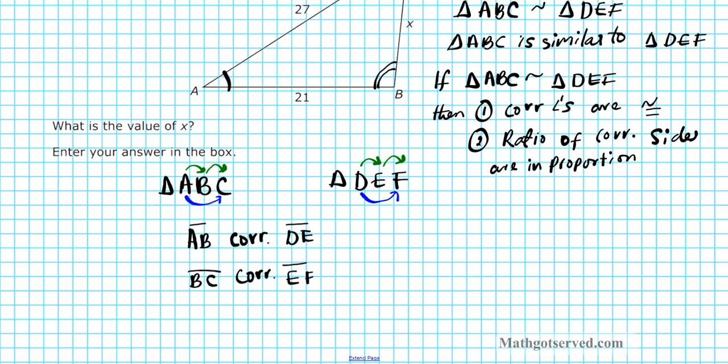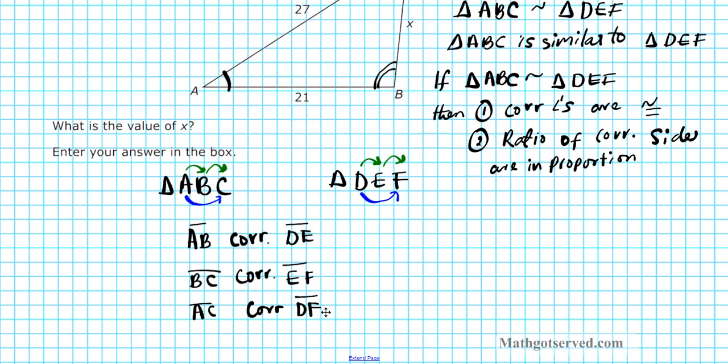So let's write that down. Side AC corresponds to side DF. So this is another set of information that we can use to determine if two triangles are similar. These are the corresponding sides.